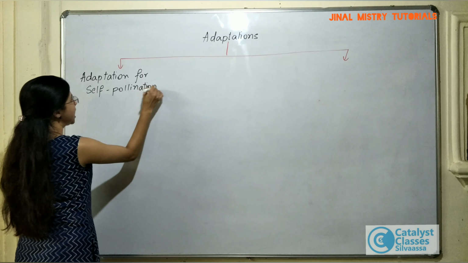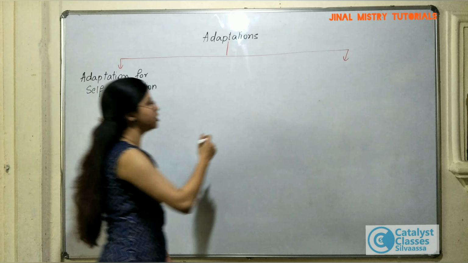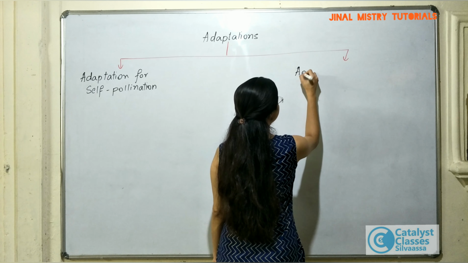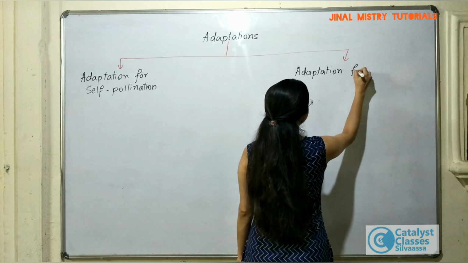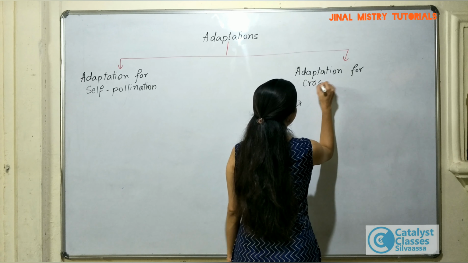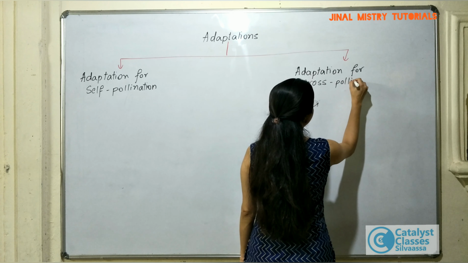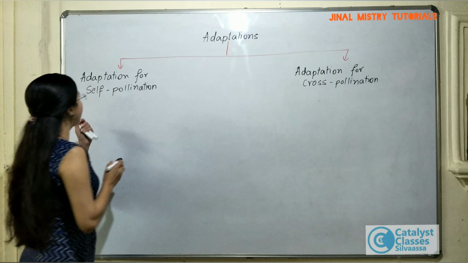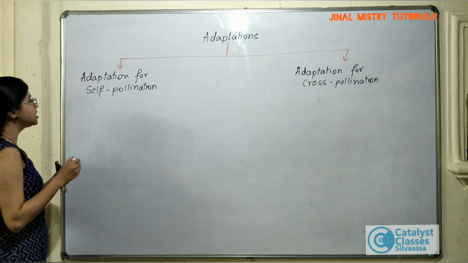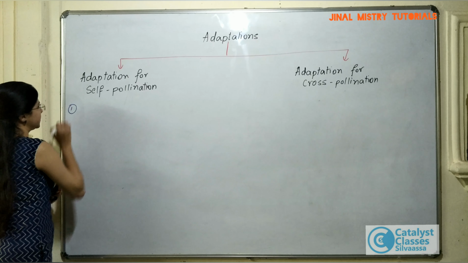There will be certain plants which will adapt themselves for self-pollination, whereas certain plants which will adapt themselves for cross-pollination. Let us first see what are the adaptations shown by the plants for self-pollination.